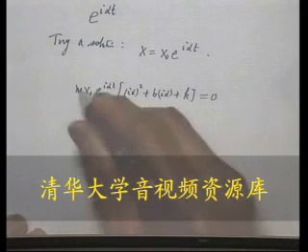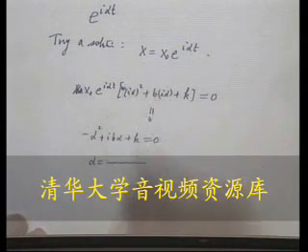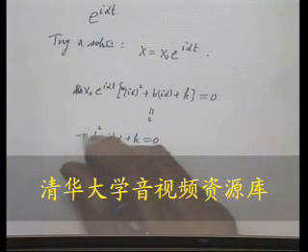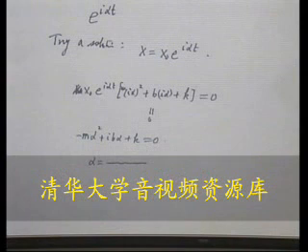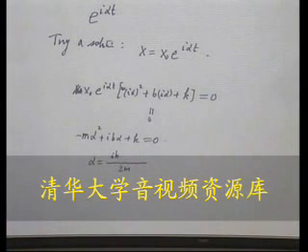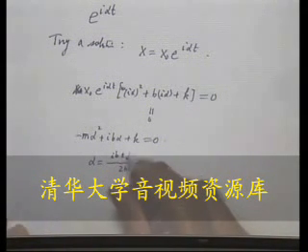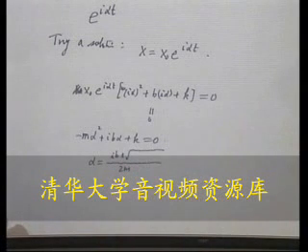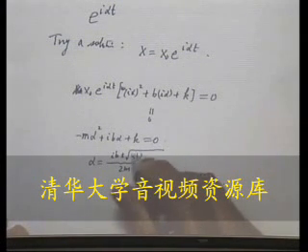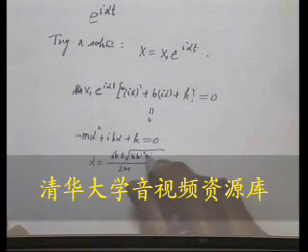Minus m, so it's equal to 2m, i b, plus minus the square root of minus b squared, or i b squared, minus plus 4mk.